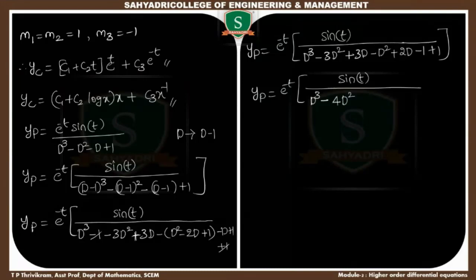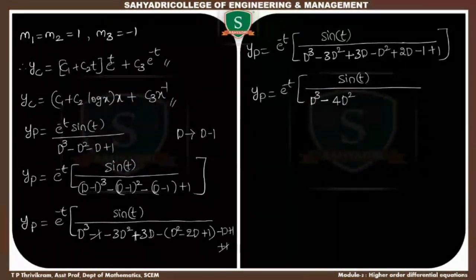Next, 3d plus 2d, it is 5d. Is it correct? D minus 1, okay.